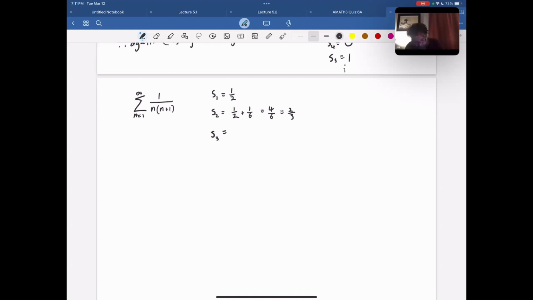S3 is going to be 1/2 plus 1/6. And now if we plug 3 in, right, it'll be 3 times 4 down here. So this will be 1/12. Right? And this all winds up being 3/4.